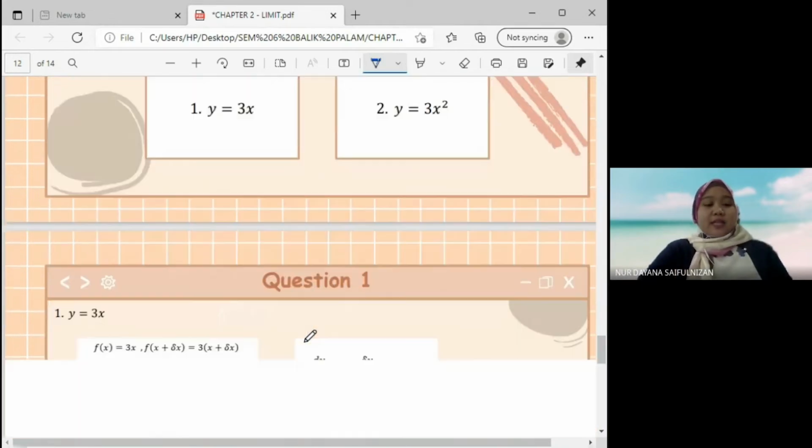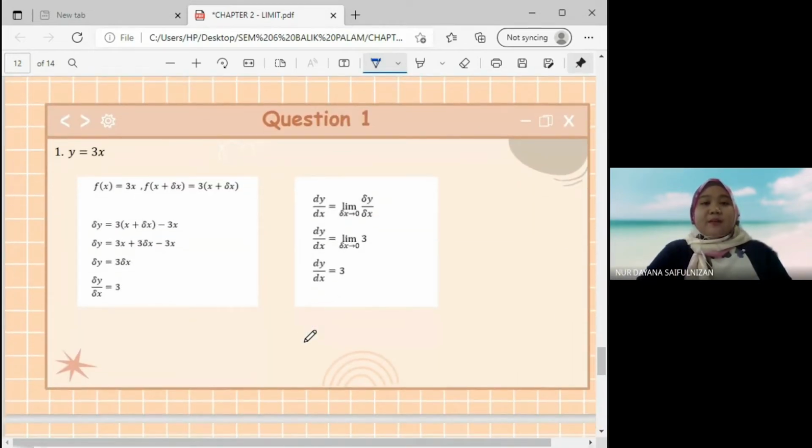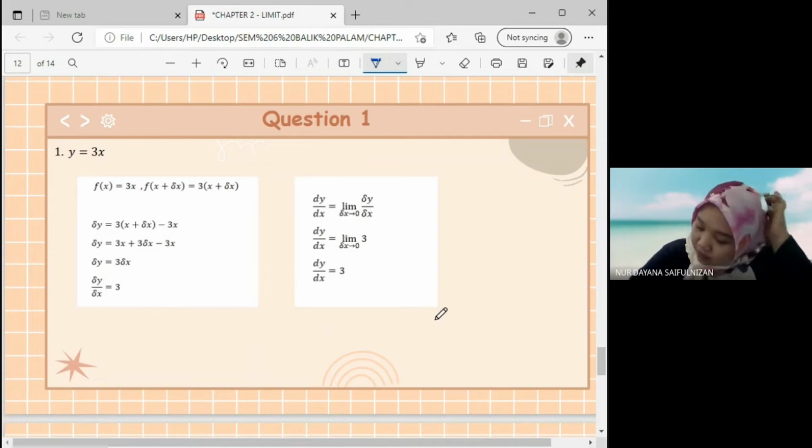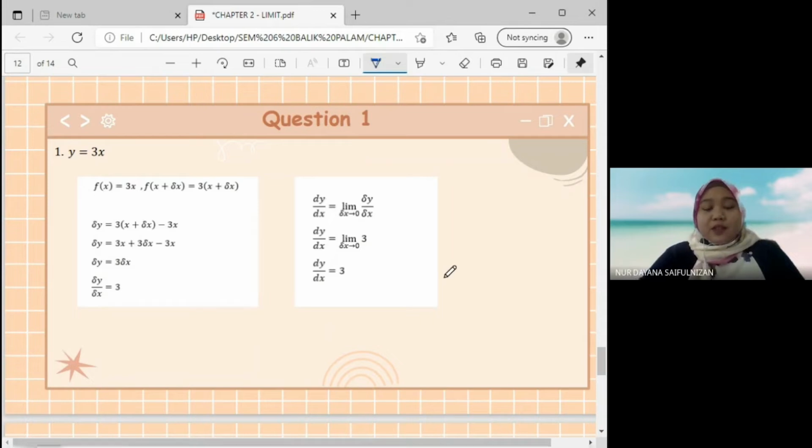Okay, y equal to 3x. I'm so sorry because I didn't bring back my writing pad, and I have to just show you the answer without showing you a proper calculation.